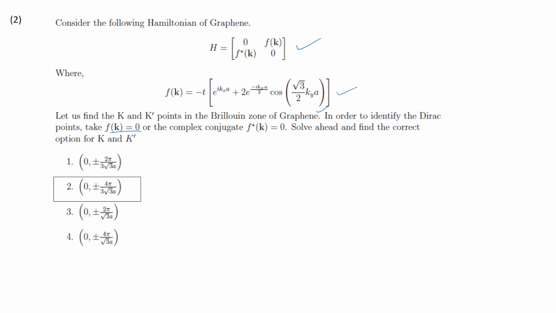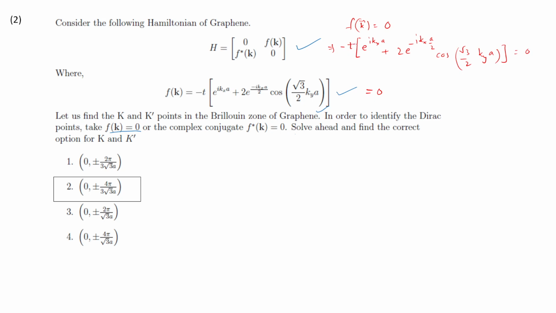So what do we have to find? We have to find f of k equal to 0, where k is the k vector. So it is minus t times e to the power i k_x a plus 2 e to the power minus i k_x a by 2 cos of root 3 by 2 k_y a, equal to 0.